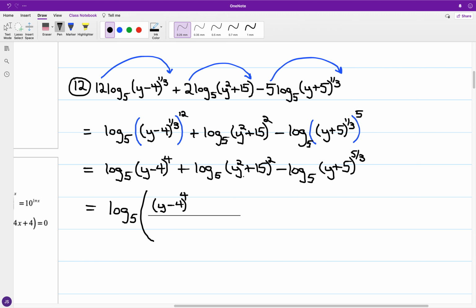And then we have the square of y squared plus 15. This stems from a positive base 5 logarithmic term, so this will also go in the numerator. And for y plus 5 to the 5/3, this is attached to a negative base 5 logarithmic term, so this will go in the denominator.